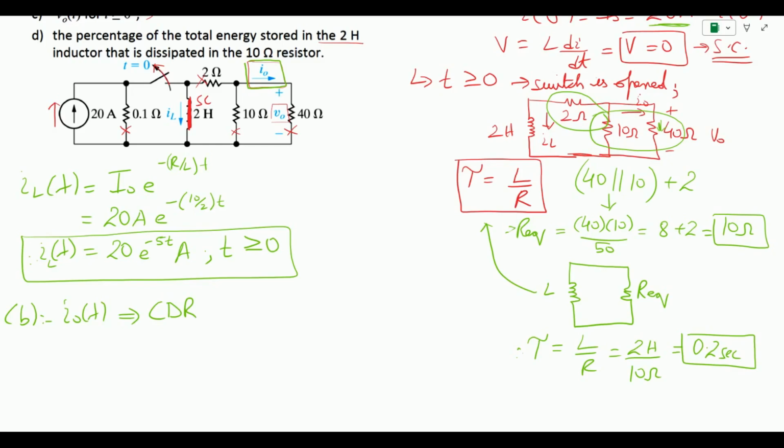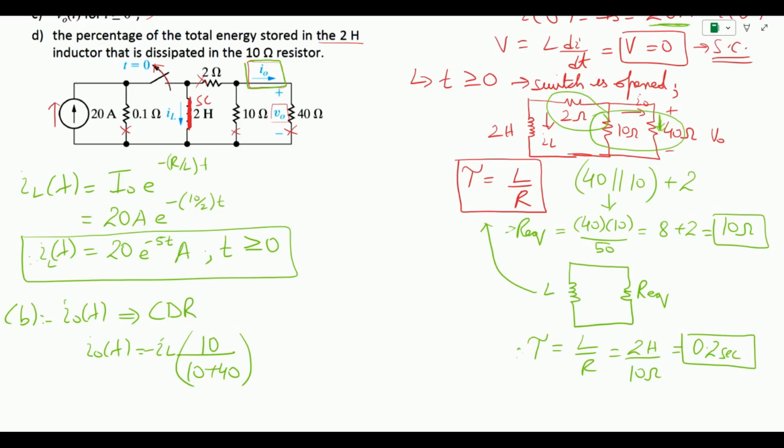So the current divider rule is i naught(t) equals 10 divided by 10 plus 40. You need to find the current passing through the 40 ohm, which means you have to take the opposite resistance value of 10 and multiply it with the source i of L with a negative sign.